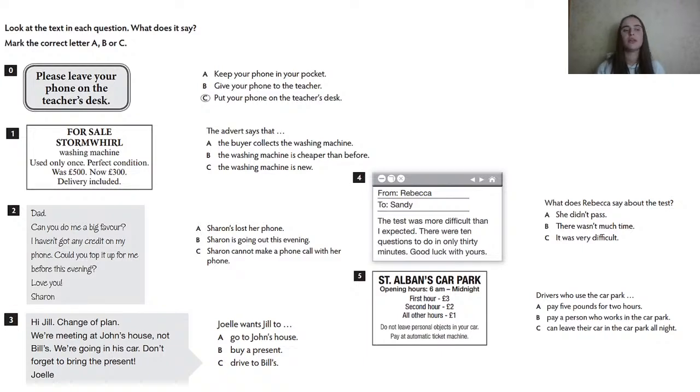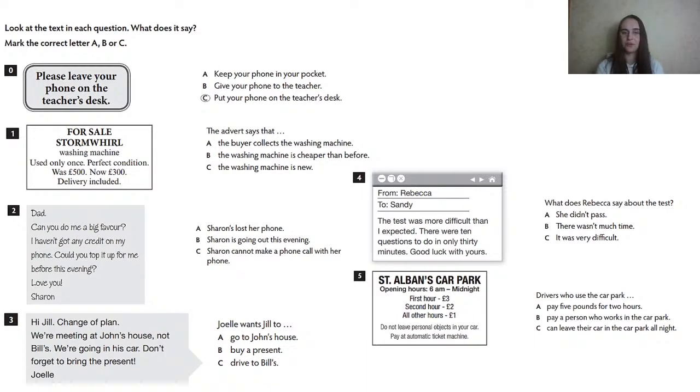Yes, the second one, for sale, you can see here. So we're talking here about the washing machine that was used only once. It's in perfect condition. Its price was £500 and now its price is £300. And delivery is included.